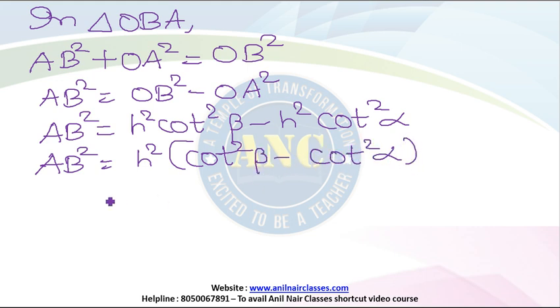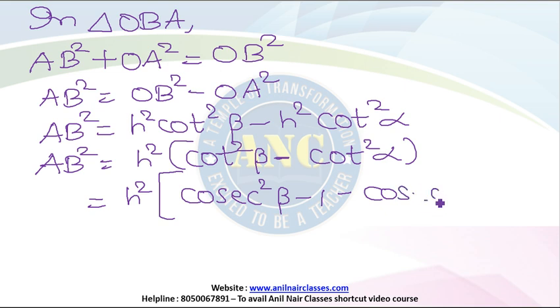I hope you are understanding again. So this is H square into cot square beta, which is cosecant square beta minus 1. Trigonometry, sir, all the trigonometric identities. Minus cot square alpha, which is cosecant square alpha minus 1. This should be inside bracket because outside there is negative. If I remove that bracket, minus into plus becomes minus, minus into minus becomes plus.